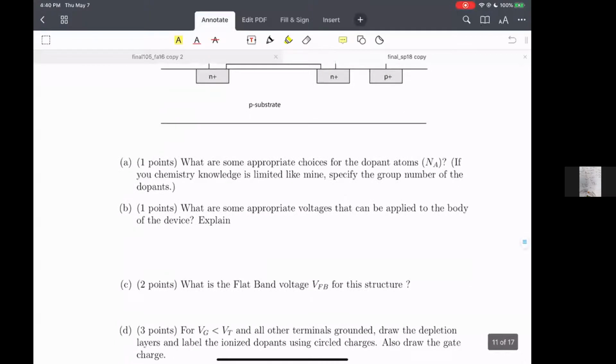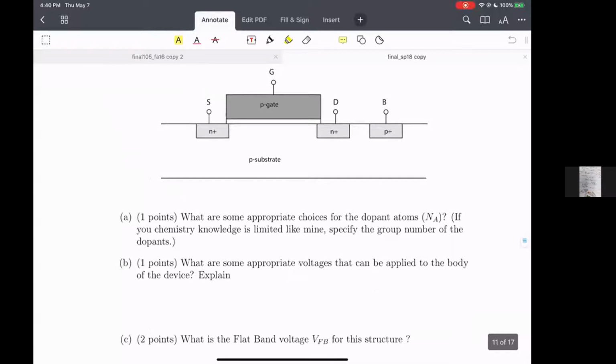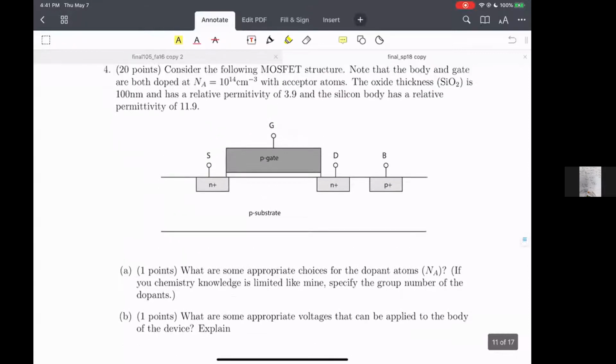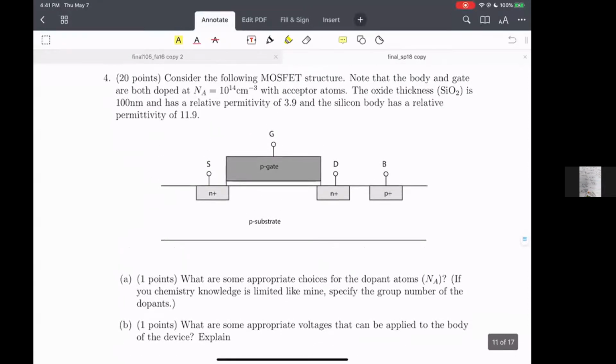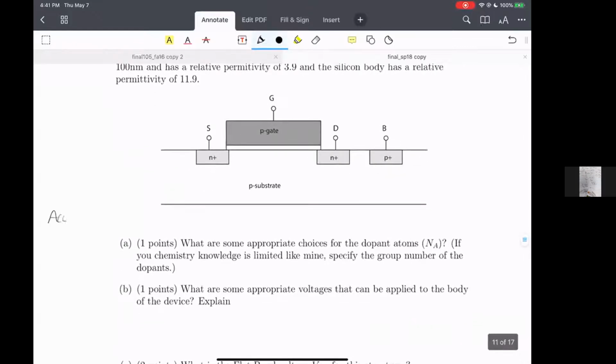All right. So we're doing question 4. This is standard NMOS. So what are some choices for the dopants Na? Yeah, so we want to have acceptors, and we have a choice between group 3 versus group 5.